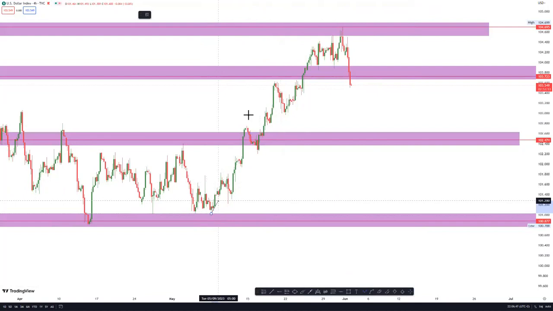From here, price created a high, which was now a higher high because it broke the previous high. It created a higher low, a higher high, higher low, and then a higher high.